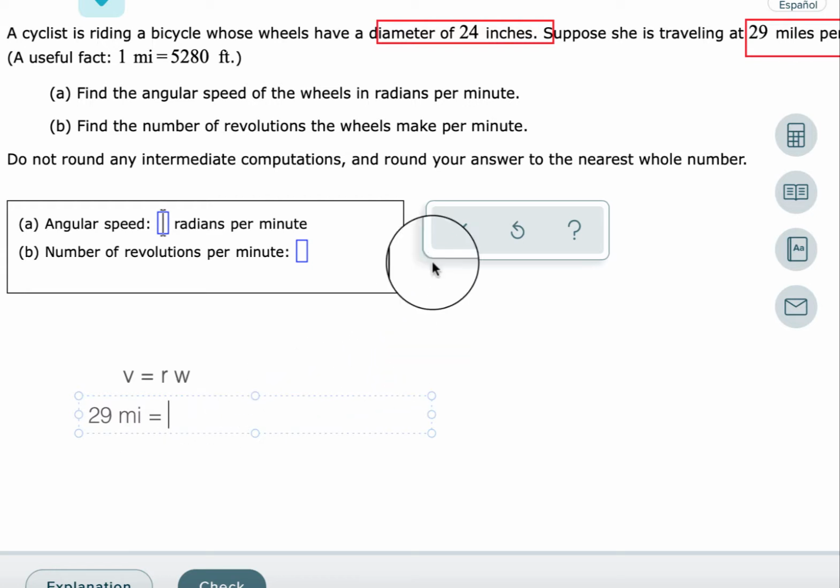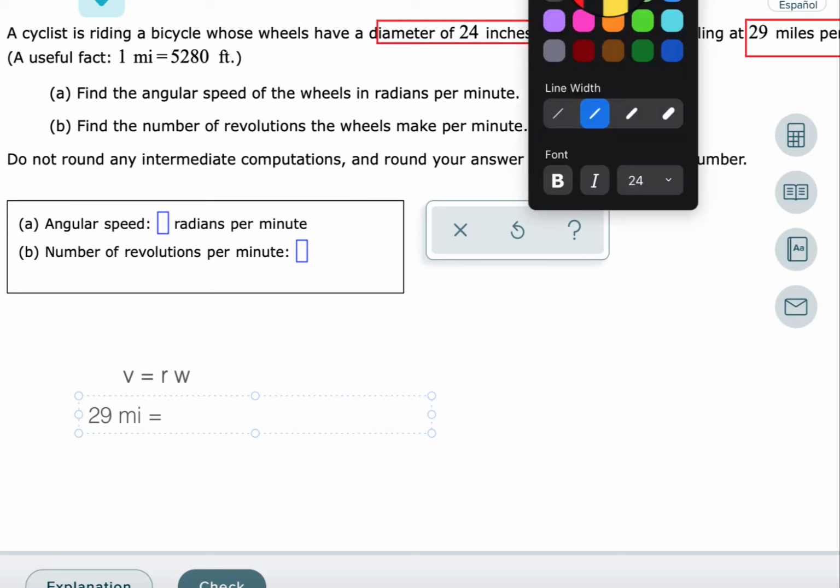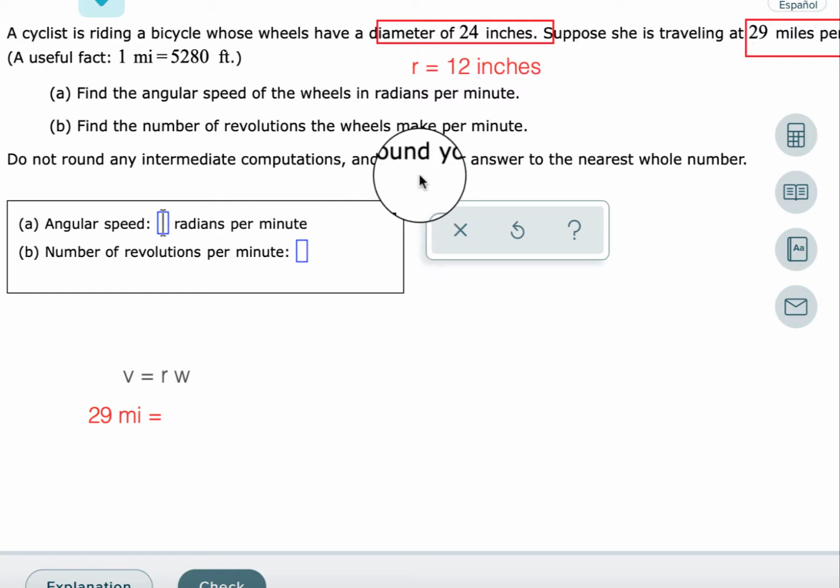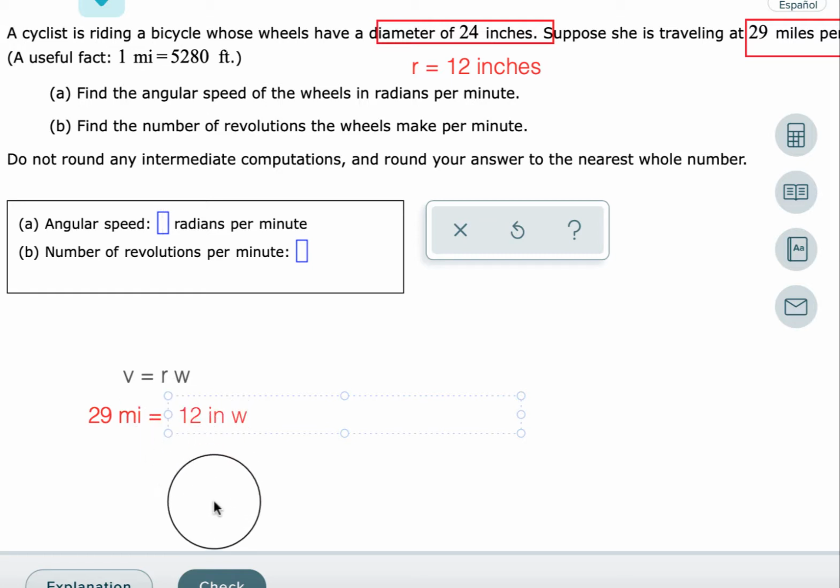In this particular case, we know that the diameter is 24. So if the diameter is 24, then the radius will be half of that. So the radius will be 12 inches. I'm going to put in the 12 inches times omega, which I'll represent using W.